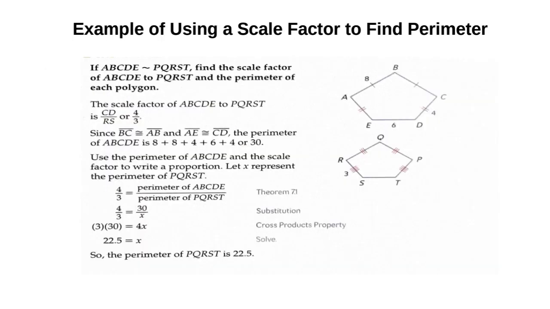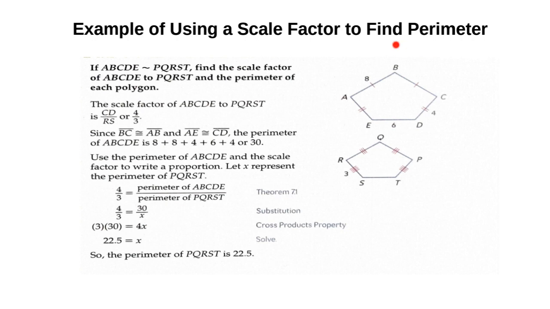Now let's do an example of using a scale factor to find the perimeter. So if ABCDE is similar to PQRST, so these are the two similar polygons, then find the scale factor of ABCDE to PQRST and the perimeter of each polygon. So let's start with the scale factor of ABCDE to PQRST.